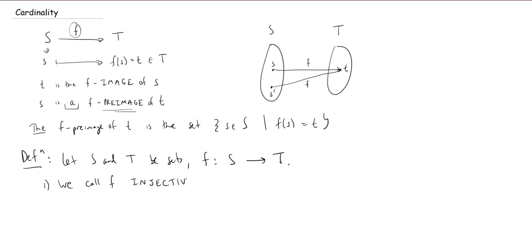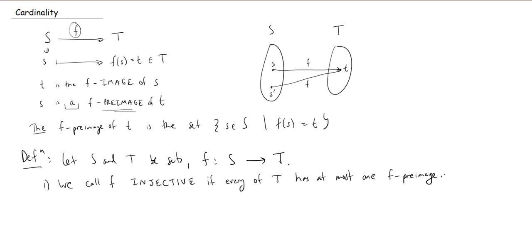Okay, and you may have heard the phrase one-to-one, but I will not use that. So we're going to call f injective if every element of the codomain T has at most one f preimage.